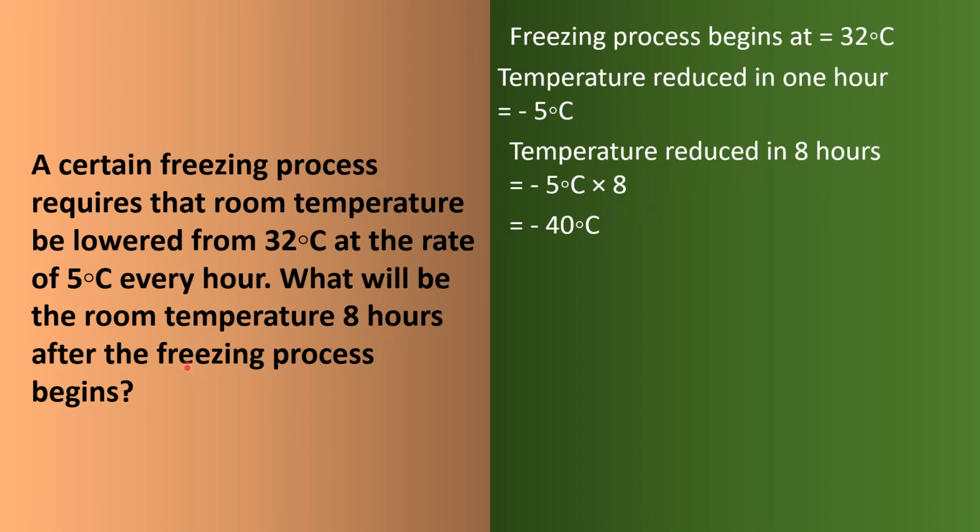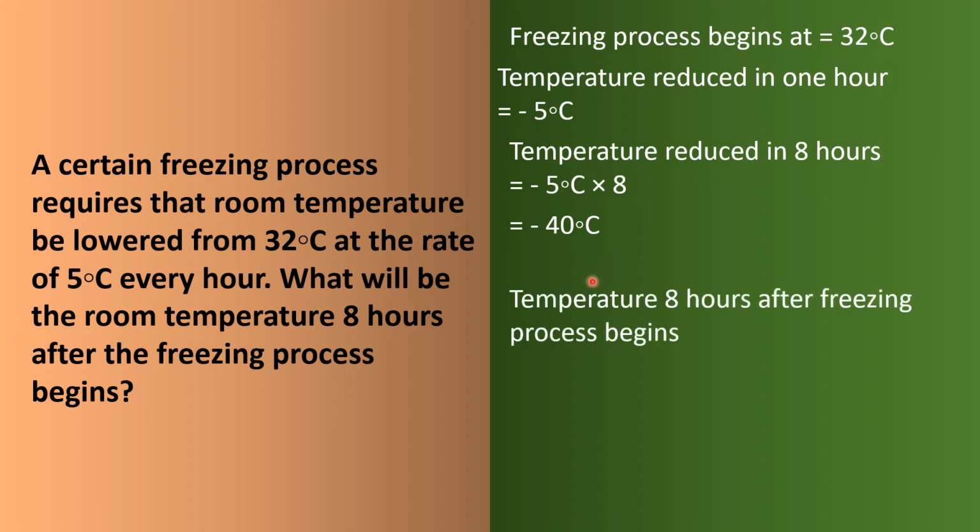Now we need to find out what will be the room temperature 8 hours after the freezing process begins. As we know, the freezing process of that room begins at 32 degrees Celsius. So the total temperature is 32 degrees Celsius plus minus 40 degrees Celsius. It means plus minus will be minus.